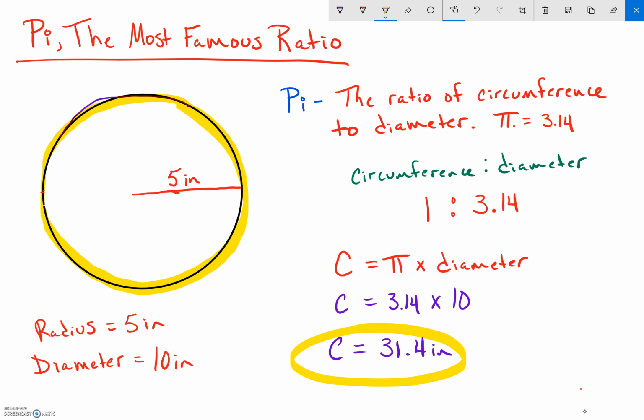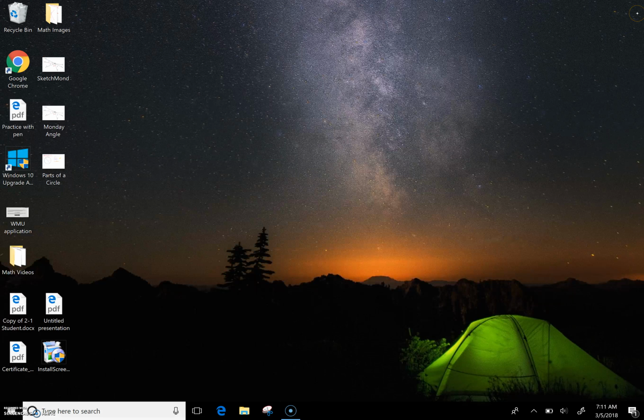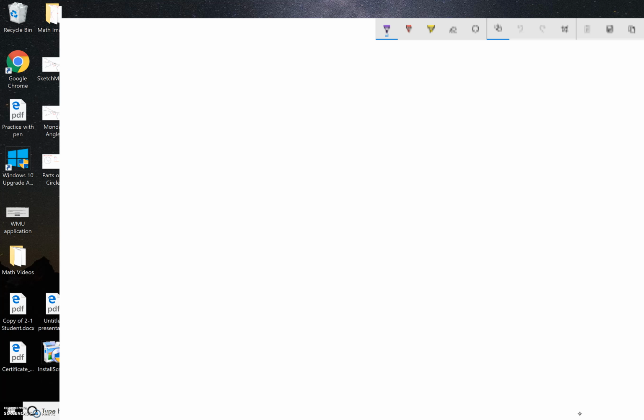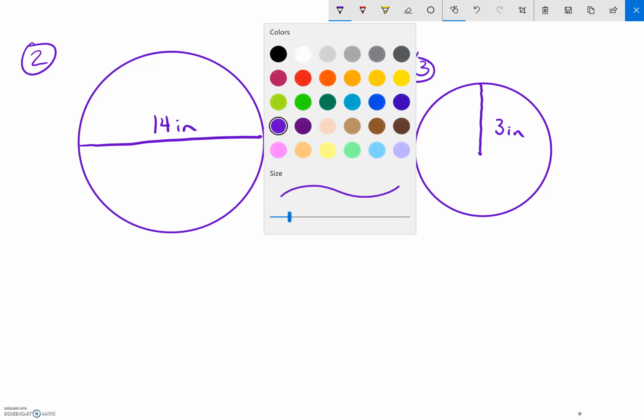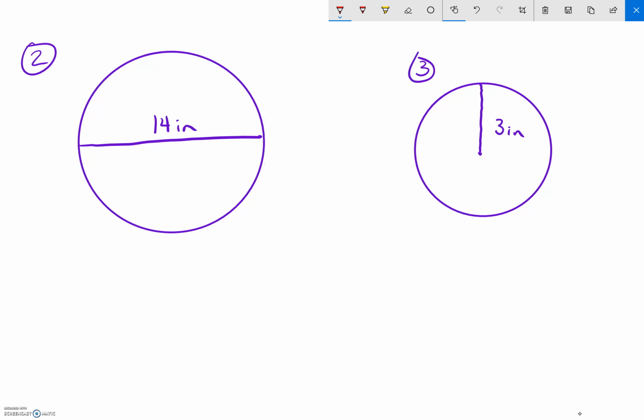So let's put one up there for you to try. Alright, so now I've given you guys two circles, and you're going to try to find the circumference of both. This is number 2, and this is number 3. So I'm going to help you get set up, and then remember to hit pause and try this out.